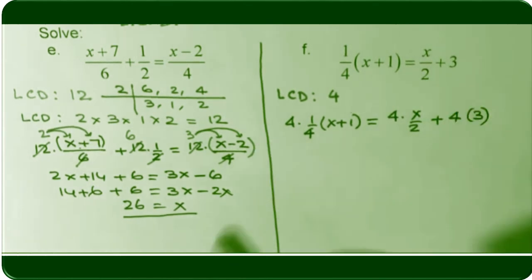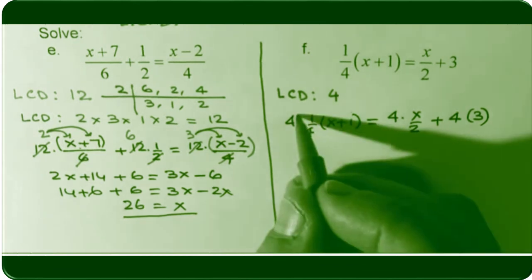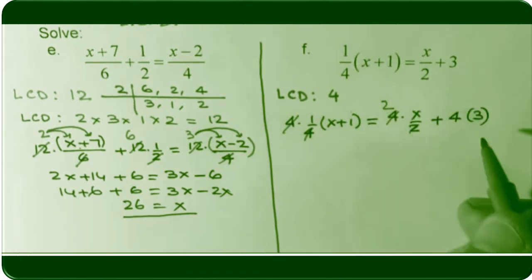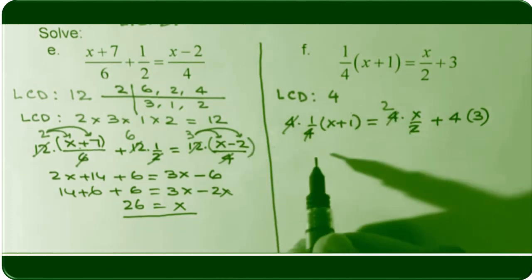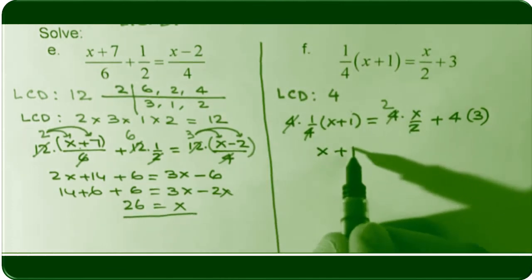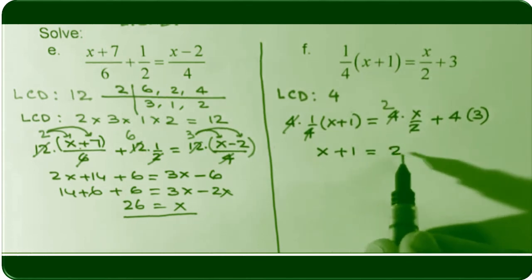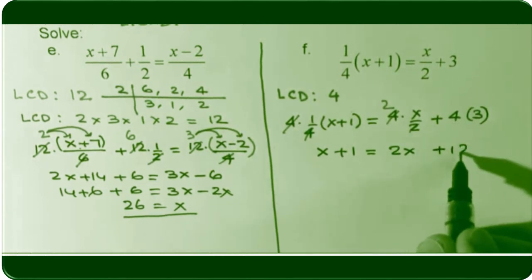So here 4 and 4 cancel, and we get 2 times x here. When you open the brackets, you get x plus 1 equals 2x plus 12.